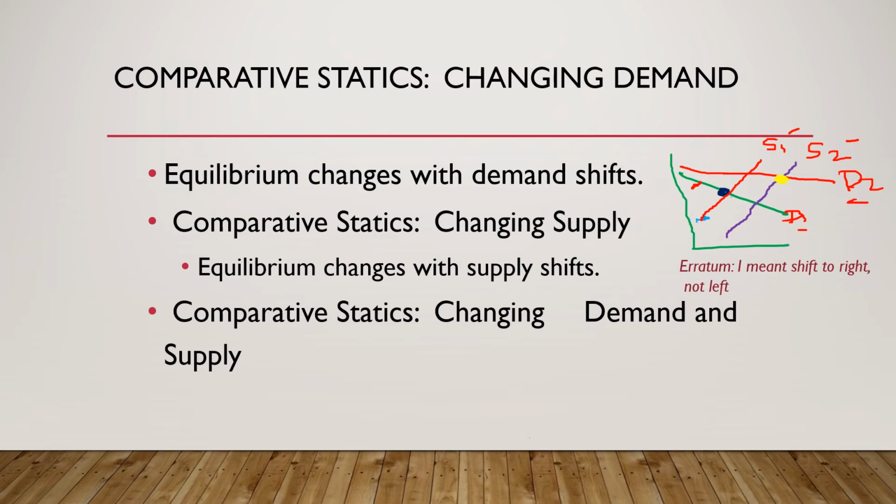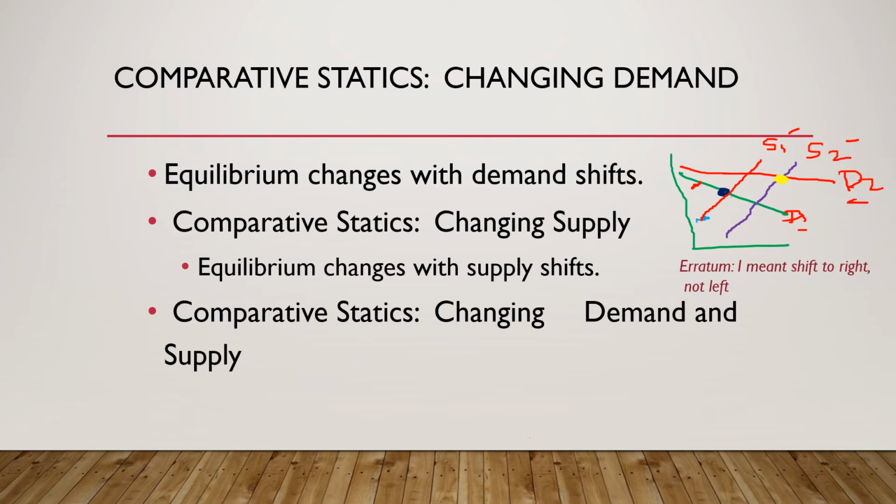So there will be, or there might be, a new equilibrium price and quantity. I'm saying there might be, because when both curves shift, in the same or opposite direction, sometimes the change may become ambiguous.